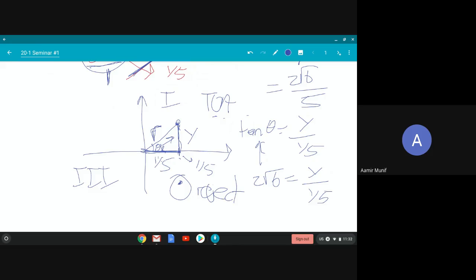What do I mean by that? It's kind of hard. Let's just think about it this way. When you're solving for an angle, then your hypotenuse has to be 1. When you're not solving for an angle, then it's not necessarily 1.